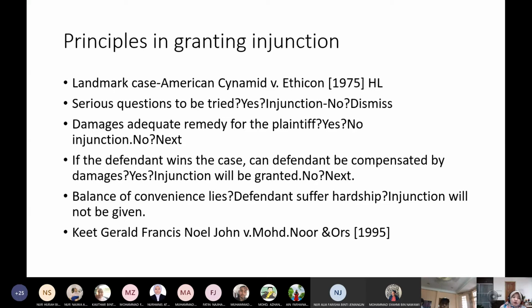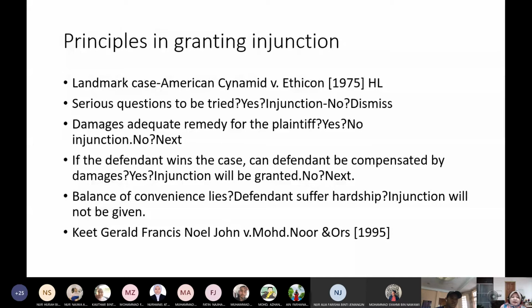And number 2, the plaintiff, you must argue that damages is not an adequate remedy for the plaintiff. You please listen, this is how a plaintiff should argue. This is the second point. You need to argue to the court that damages is not adequate for us.